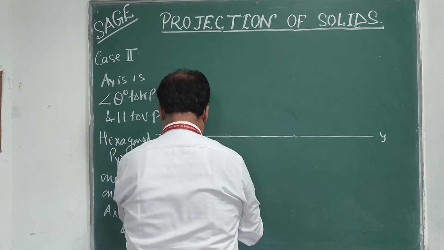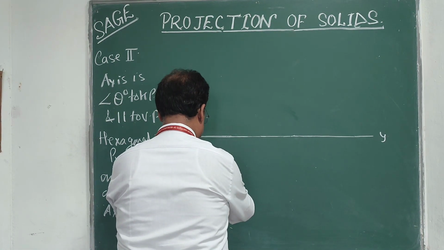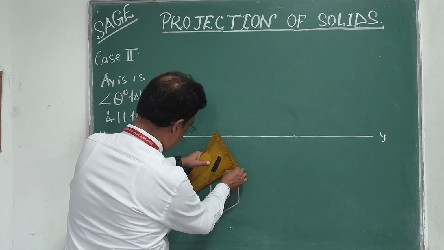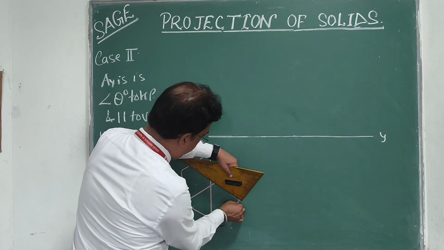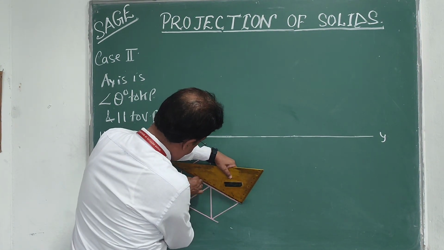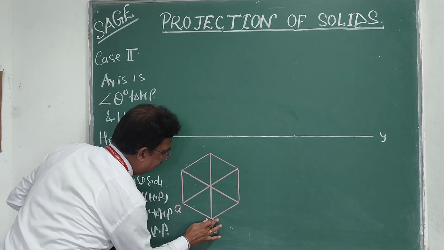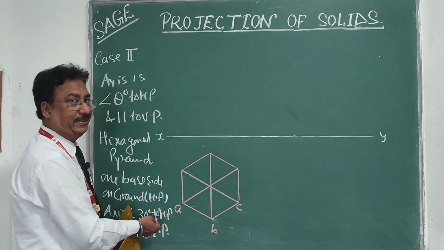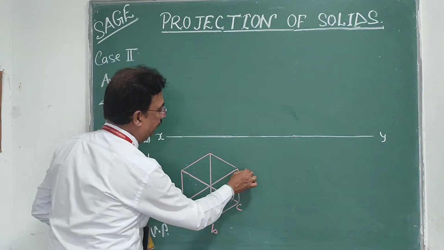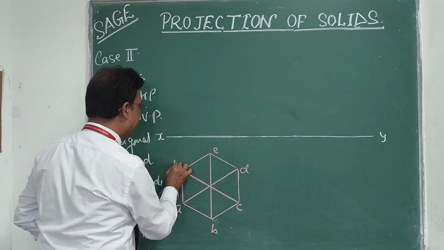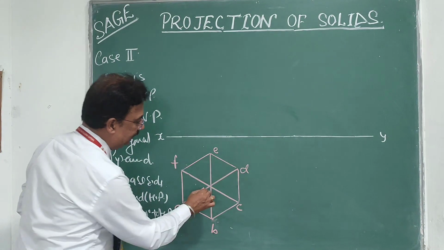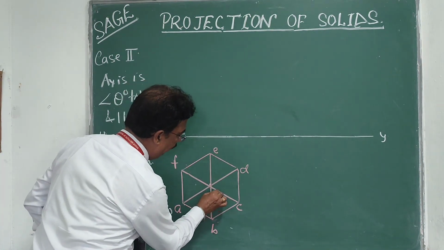Now, as this is a pyramid, I join these lines; these are the slant edges of the pyramid. I name the corners A, B, C, D, E and F, starting from the extreme left bottom corner anti-clockwise, and the apex will be O.